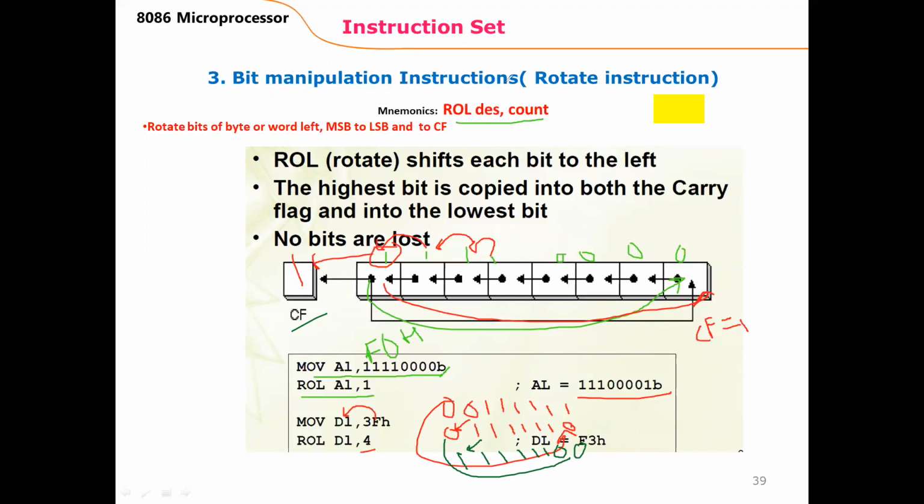Again, because we have taken the value of count as 4, we need to shift it one more time, means this bit will be shifted here, 1 1, this one will come here, this one will come here, this one will come here, and this one will come here.